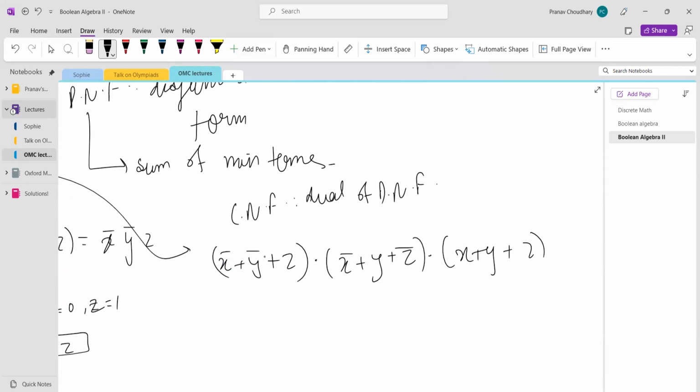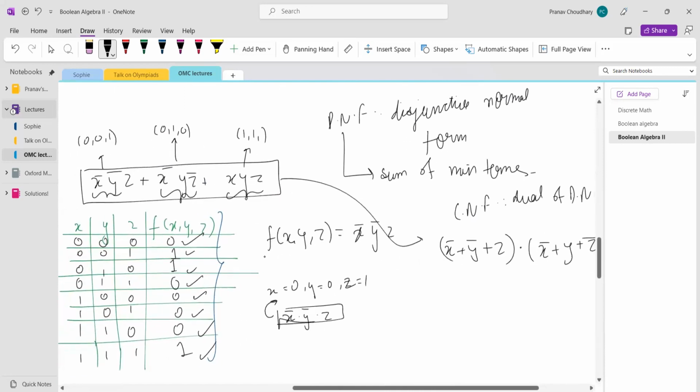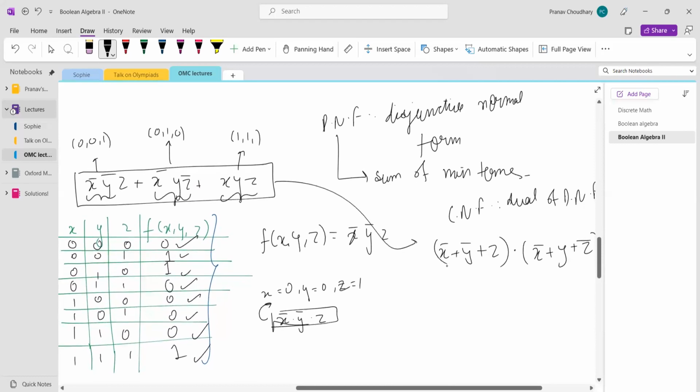And since this is the dual, this should be the same as the function itself. I mean, wait, same as the function itself, or, oh, it should be the same as the dual of the function. So this thing will be equal to 1 0 0 1 1 1 1 0.